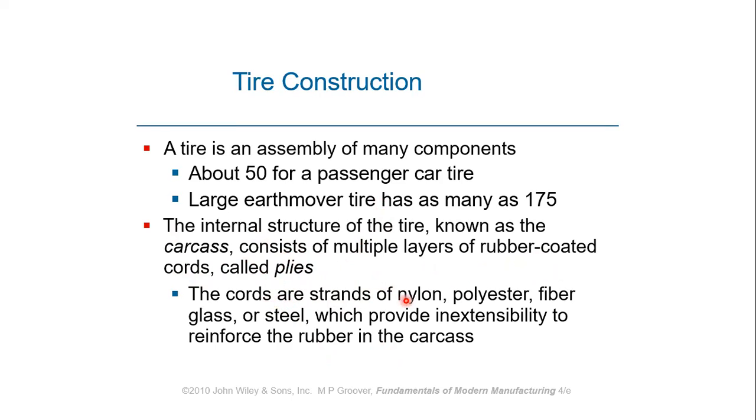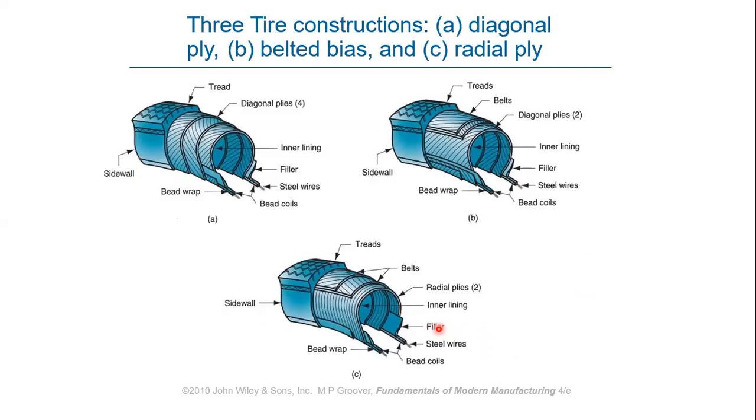Those cords are basically nylon, polyester, fiberglass, or steel. These are the long-fiber reinforcement of the tire, which provides inextensibility to reinforce the rubber in the carcass. It is a kind of enhancement of the property.